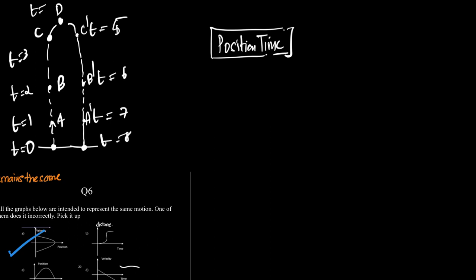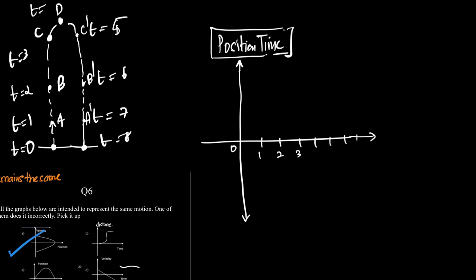Okay. So now if we try to plot the graph, what do we get? Let's see. So what are the time coordinates? We have taken it as 1, 2, 3, 4, 5, 6, 7, and 8.